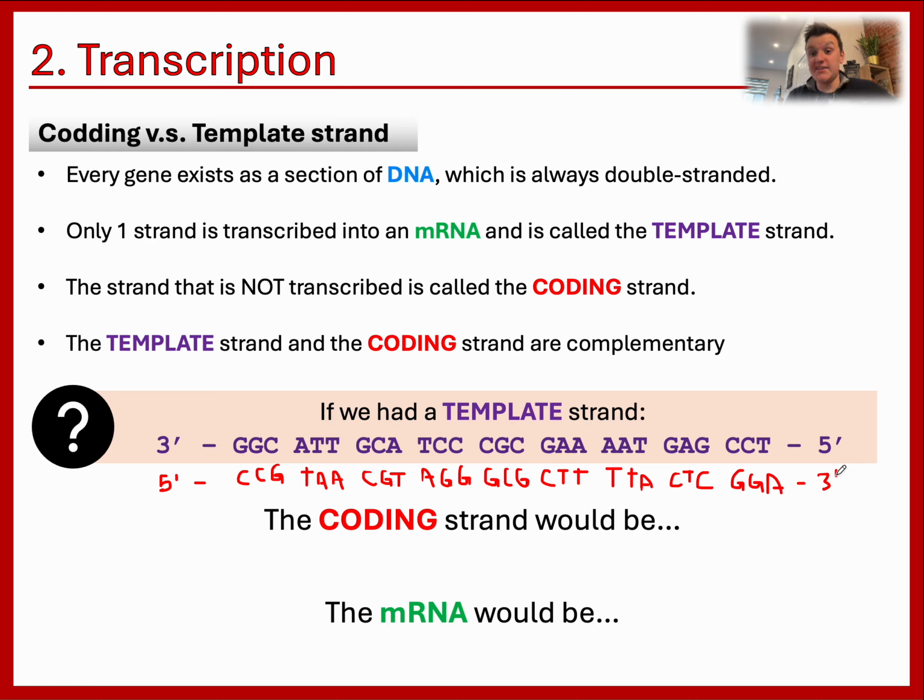This would be my DNA strand that I see, double-stranded, right? This was my template. Over here in red, I put my coding strand, okay? So this above here is my coding strand.